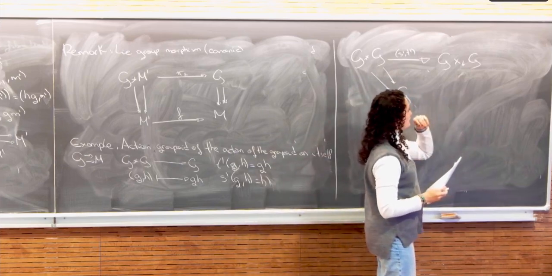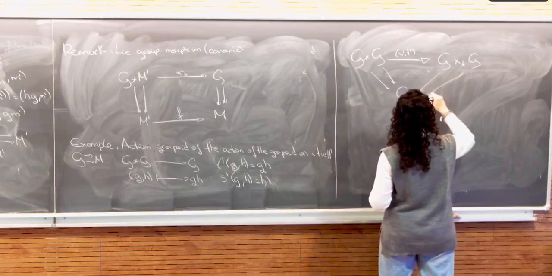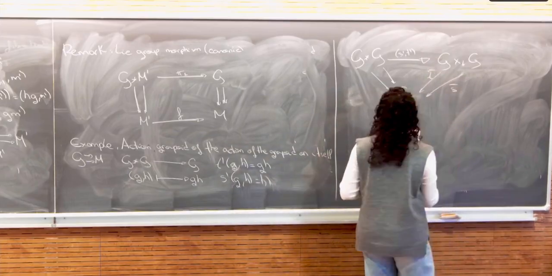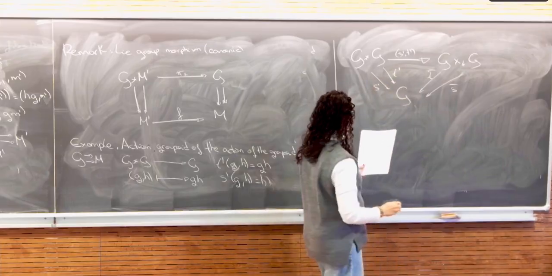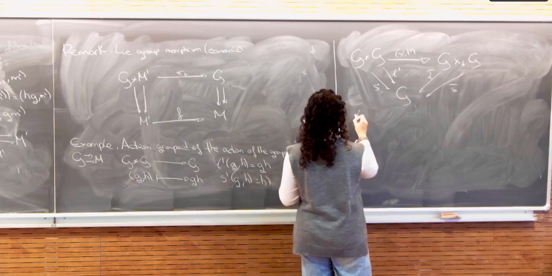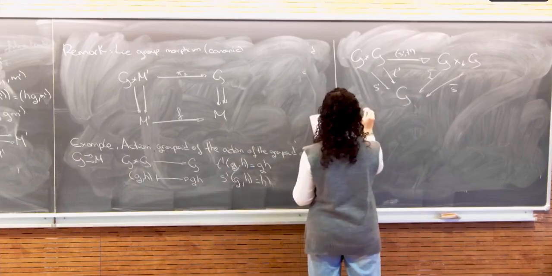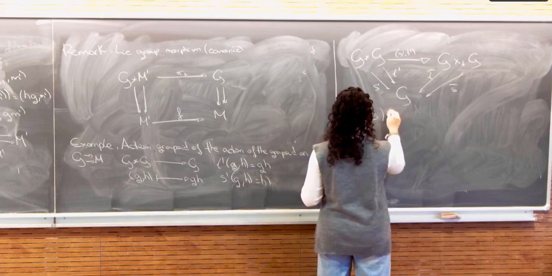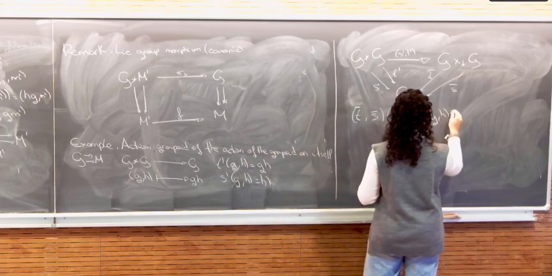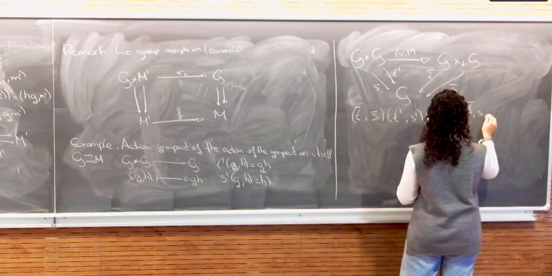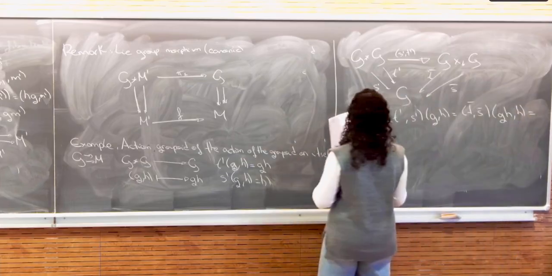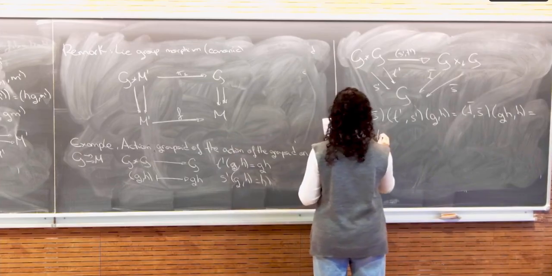Since this is a subgroupoid of the trivial groupoid, this has a structure of a groupoid, and this source and target have the property that if we take the anchor of the anchor, the other anchor, then this is the same.